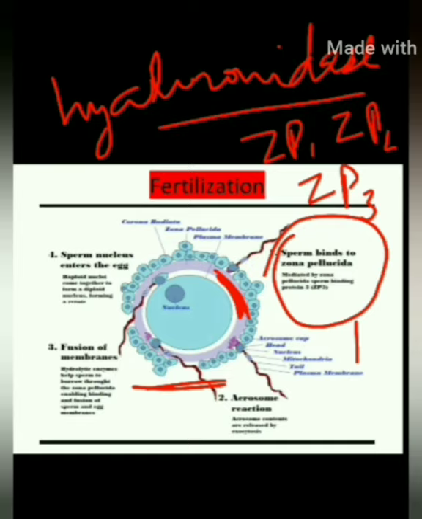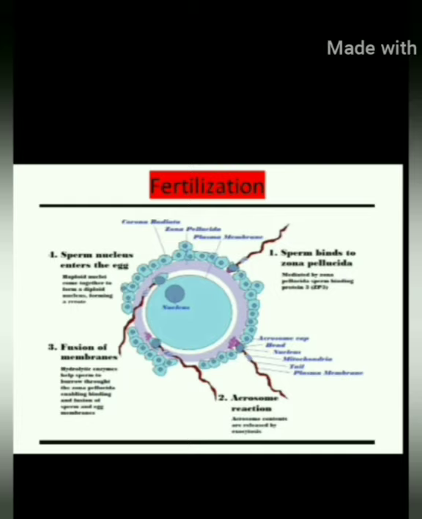Now the sperm has entered the ovum and releases all its content. So the second step is the acrosome reaction. The acrosome's contents are released into the secondary oocyte by the process called exocytosis.